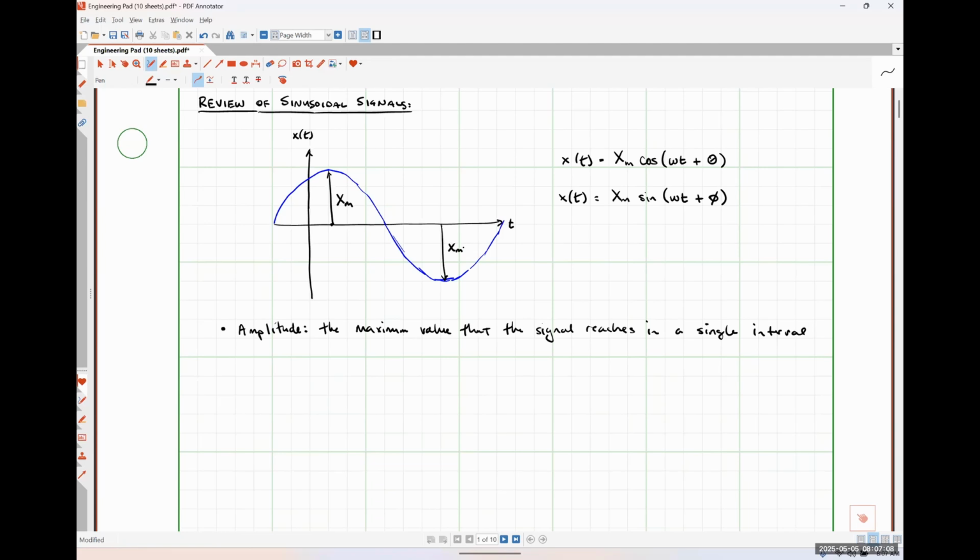So this sinusoidal signal oscillates between, so it will have values ranging all the way from positive X sub m down to negative X sub m, depending on where we are along that signal's repeated path.